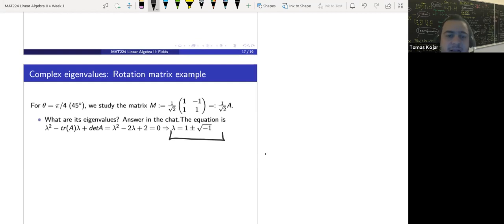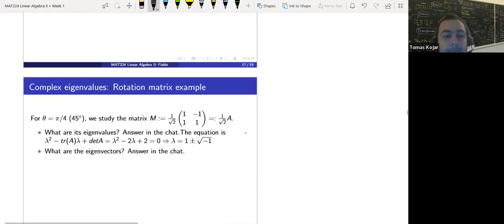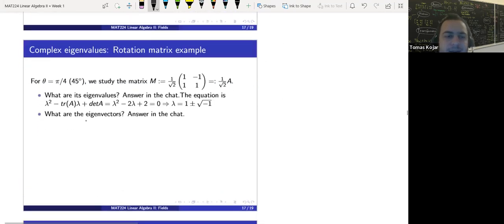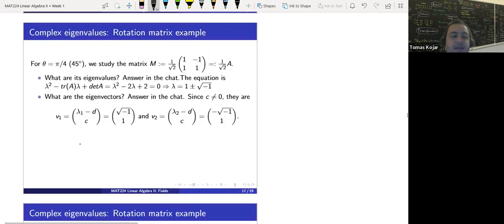So we realize that many of you have not seen complex numbers. I mean, it's not in the prerequisite courses. So we have to talk about this square root of minus 1, how to make sense of it. Okay, and that's fine. So the eigenvectors, again, we use our formula because C is not 0, right?